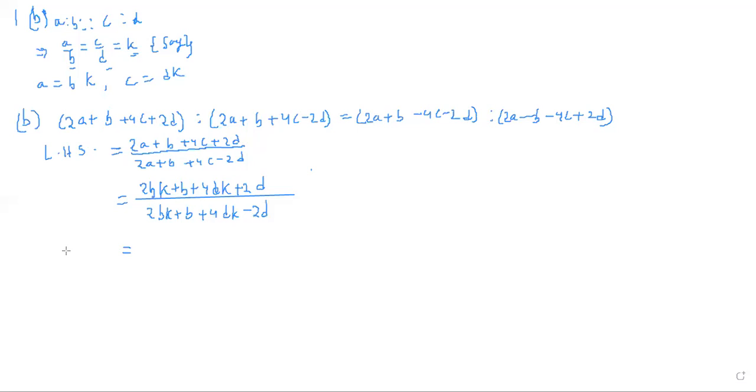Again, in the next step, always draw this line first. And then in the first two, B is common into 2K plus 1.